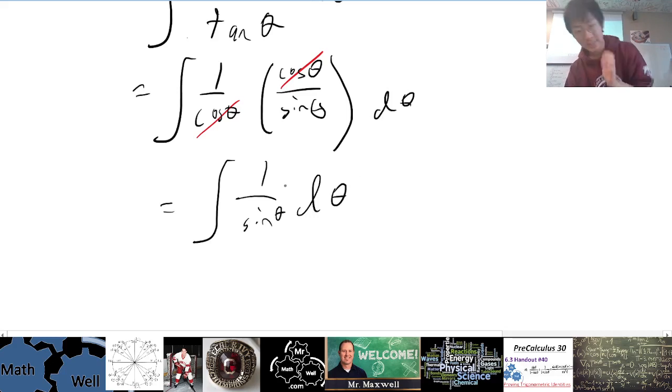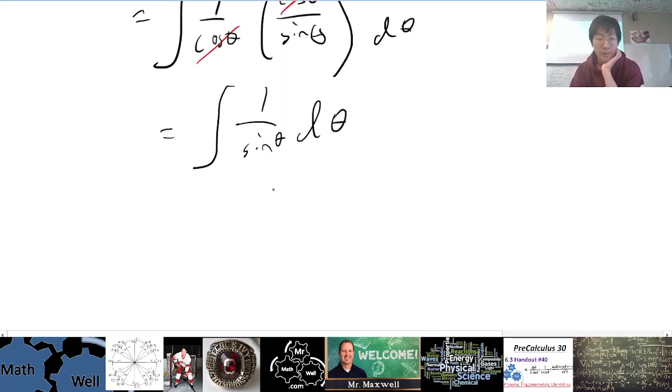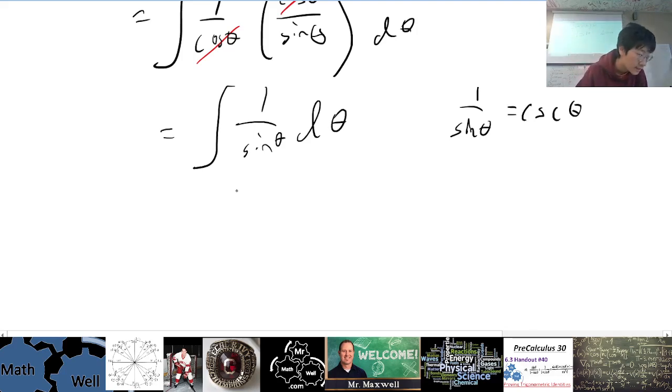Okay, this isn't exactly an easy integral to do, but in this class you are provided with a chart of antiderivatives. So 1 over sine theta is equal to cosecant theta. Yes, cosecant theta. And so if you check your chart, you will find that the integral of cosecant theta is just going to be, is it ln?